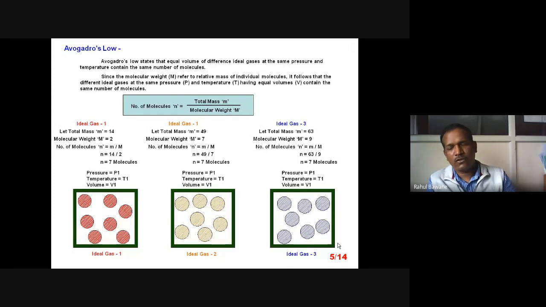So this is Avogadro's law. Avogadro's law says the number of molecules is the same for the same volume, same pressure, same temperature for various ideal gases. Remember, ideal gases should be there. It does not hold true if there is a mixture of ideal gas, real gas, or different kinds of combinations. It is only for ideal gases.